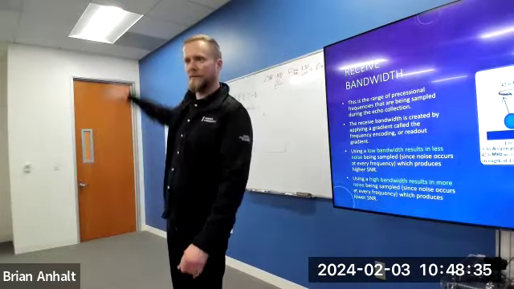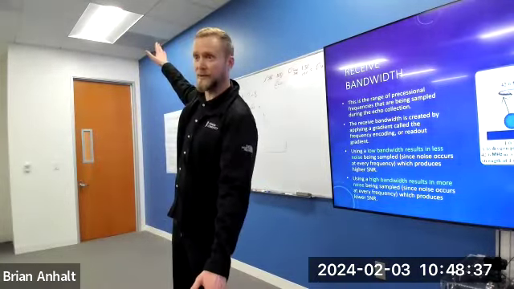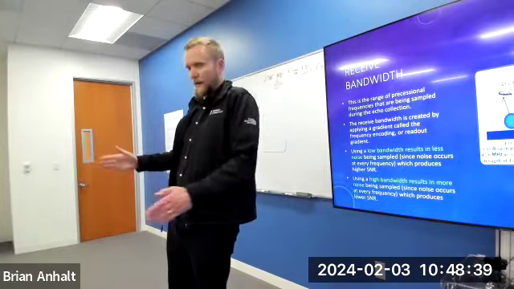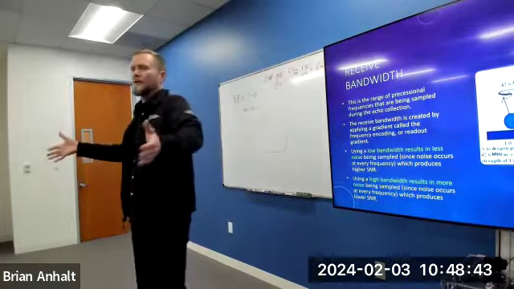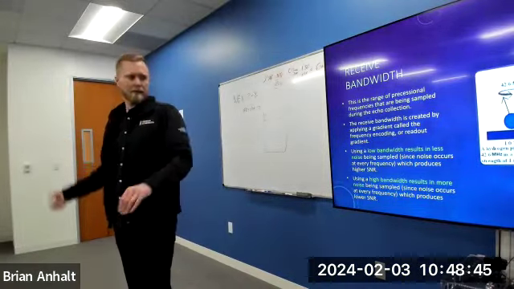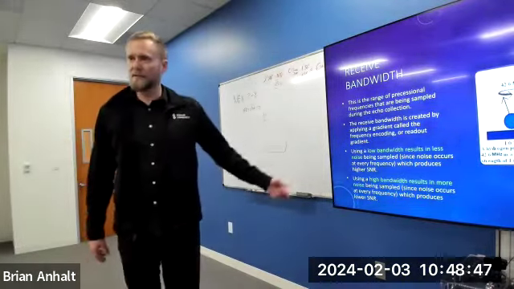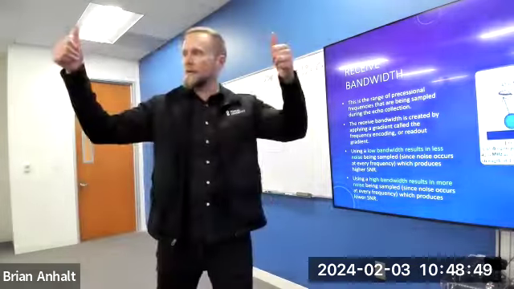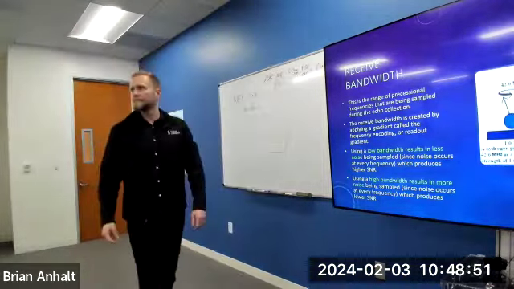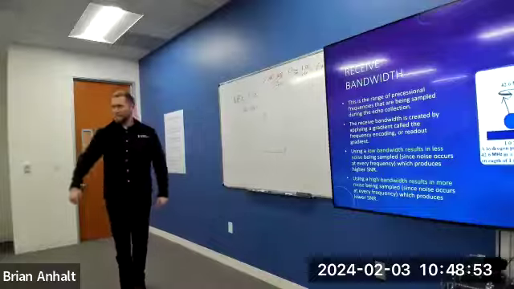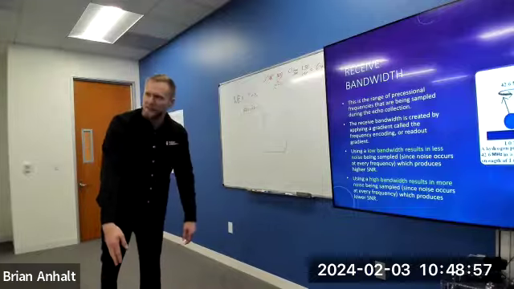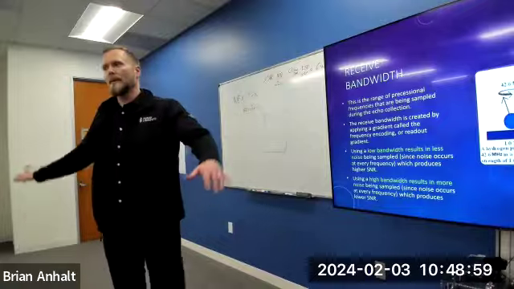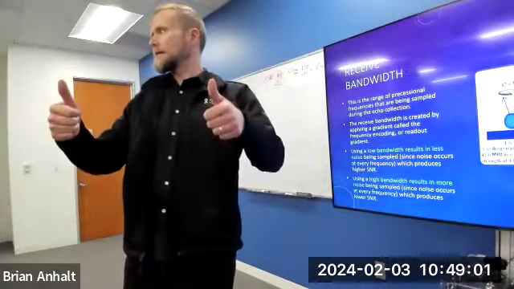Raising the bandwidth, causing the gradient to go to a higher amplitude, causing a wider range of frequencies across the field of view, is going to cause us to sample more frequencies. All of those frequencies have more noise. So if I sample more noise, what happens to my SNR? Goes down, right? So a higher bandwidth decreases SNR, lower bandwidth increases SNR.